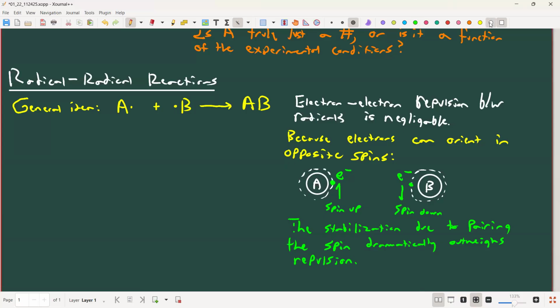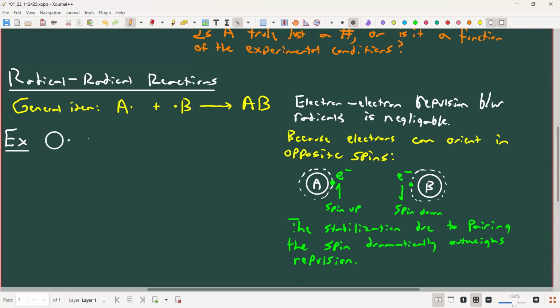So let's look at an example of two radicals that react, and this is a well-studied reaction in chemistry. Take oxygen atom in the gas phase, and NO, which is also a radical. This is one of the few, nitrous oxide, you can buy tanks of this.